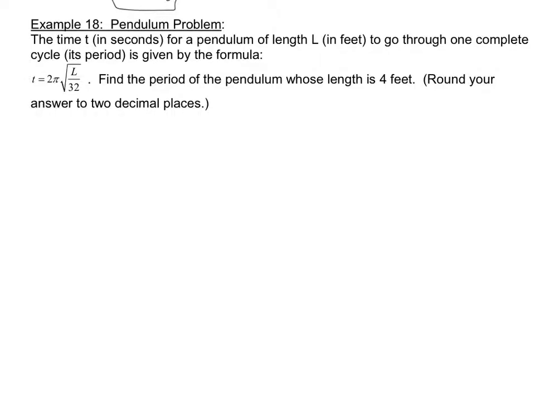Alright, so it says the time t in seconds for a pendulum of length L in feet to go through one complete cycle in its period is given by the formula t equals 2 pi square root of L divided by 32. Find the period of the pendulum whose length is 4 feet. Now this one we just get to round, so that's nice. So t equals 2 pi times the square root of 4 divided by 32. So you can enter all that in your calculator.